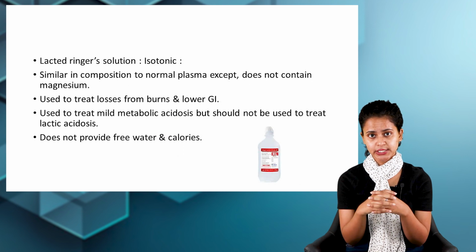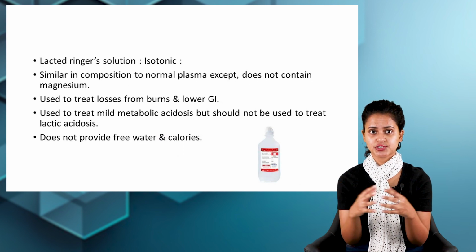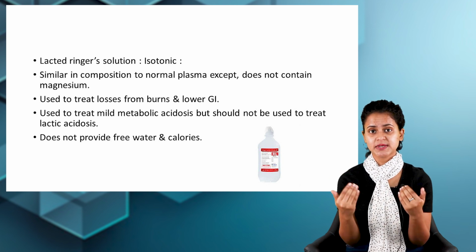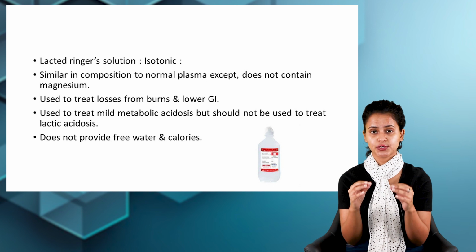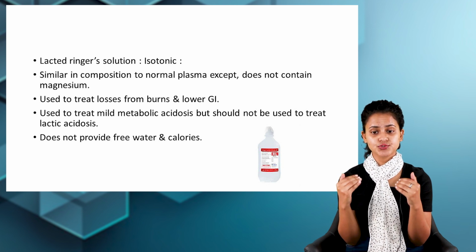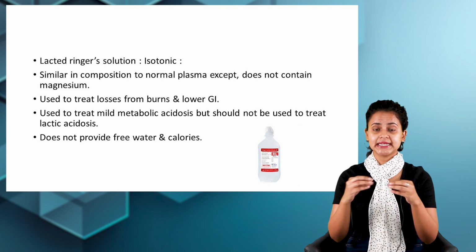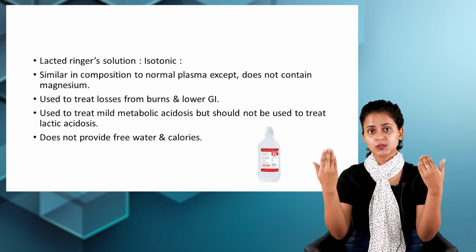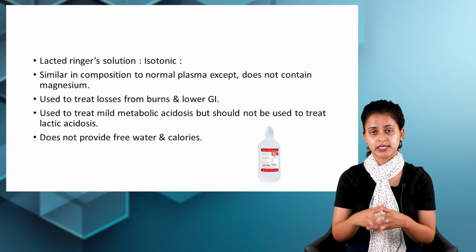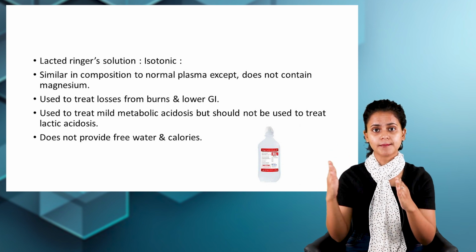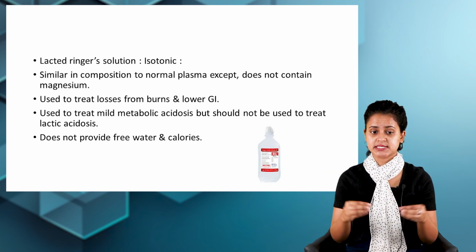The majorly used multiple electrolyte solution is Ringer's solution. It is an isotonic solution, similar in composition to plasma, except that it has excess chloride and magnesium, but no bicarbonate.